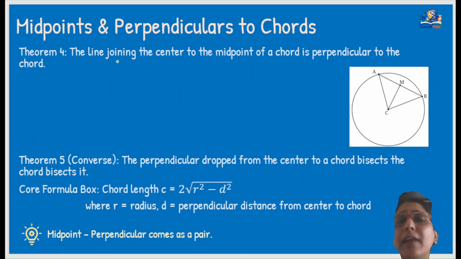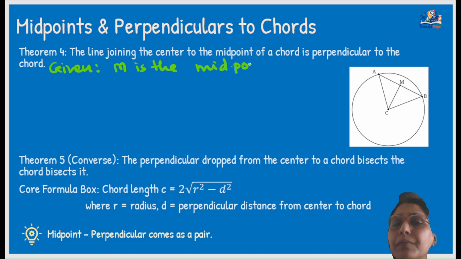The theorem says that the line joining the center to the midpoint of the chord is perpendicular to the chord. Here we are given a circle with center C, a chord AB, and M is the midpoint. Let me write what is given: M is the midpoint of AB.